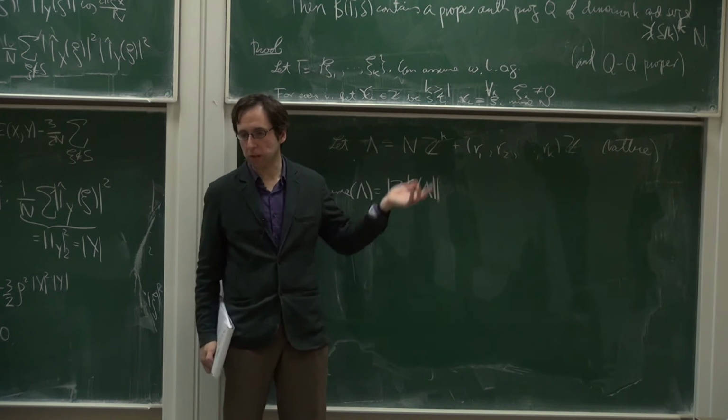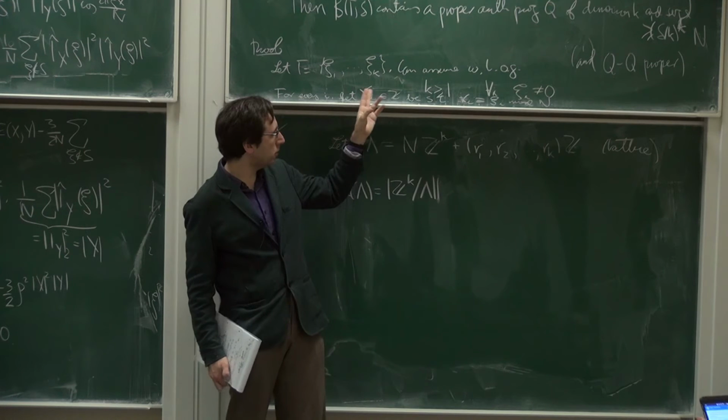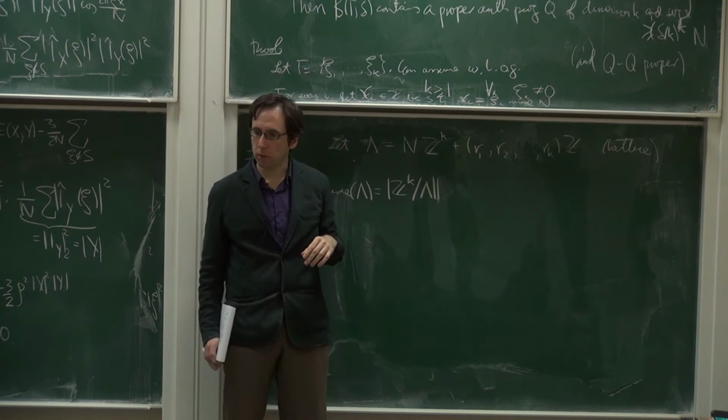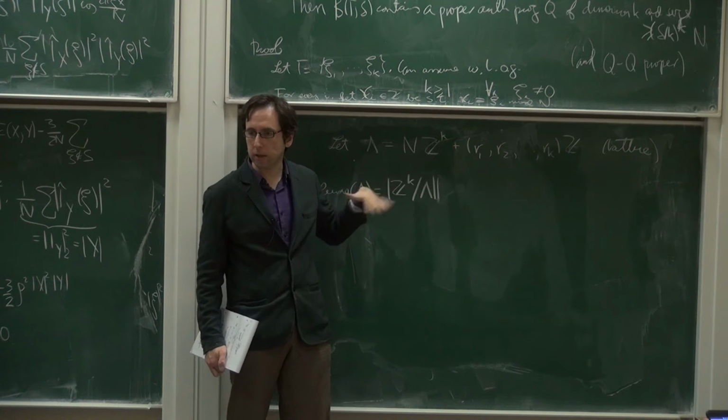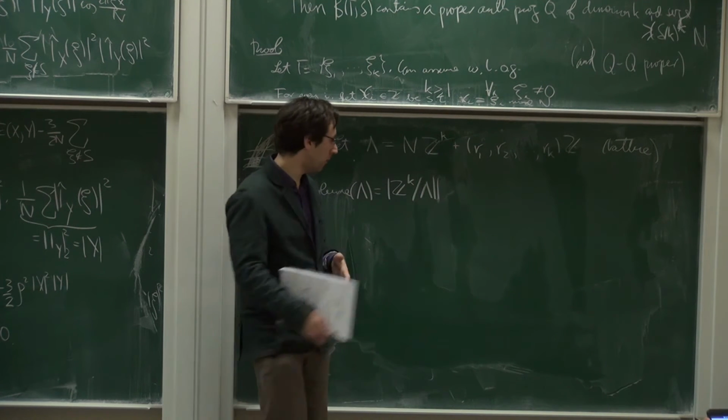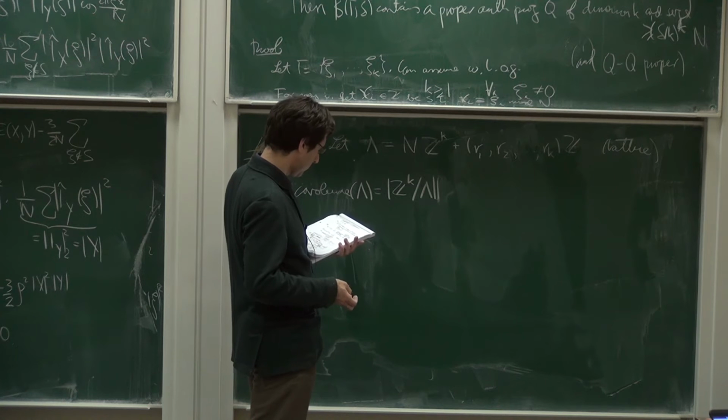It doesn't matter which representatives you take. The representatives are just elements of Z which are congruent to them modulo n. And it doesn't matter which ones you took, because there's this big lattice getting rid of those things.